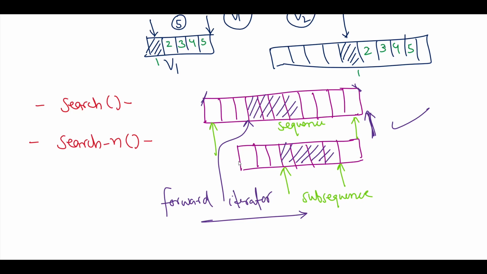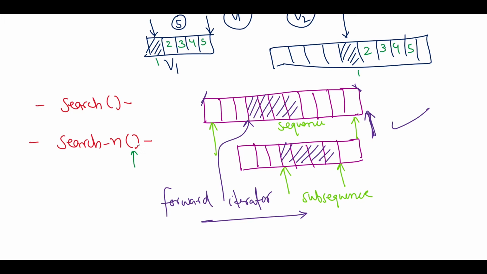And if such a subsequence is found, it will return a forward iterator indicating the first element of that subsequence. But if there are no matches, the iterator is positioned at the end of the sequence to be searched. So everything is similar, right? One thing that is different here is that the subsequence is going to be found in a sequence in which the specified number of elements have a particular value which we are going to pass here.